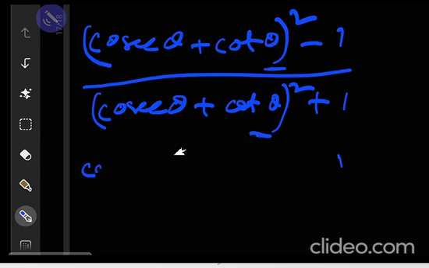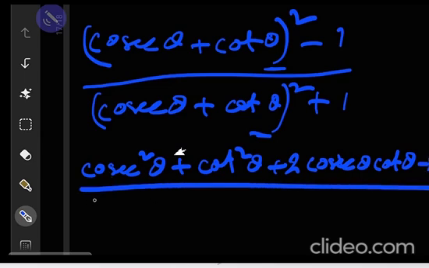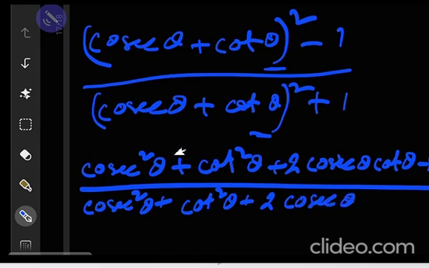So cosecant square theta plus cot square theta plus 2 cosecant theta cot theta minus 1, whole divided by cosecant square theta plus cot square theta plus 2 cosecant theta cot theta plus 1. Right.